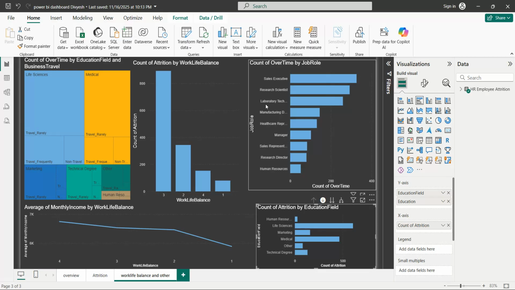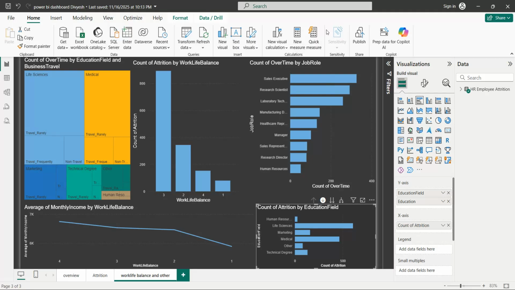At the experience level, employees with lower total working years are more likely to quit early. From the education field, employees from life science and other medical backgrounds have the highest attrition. And coming to income and retention, higher salary groups show better retention and better work-life balance perception.